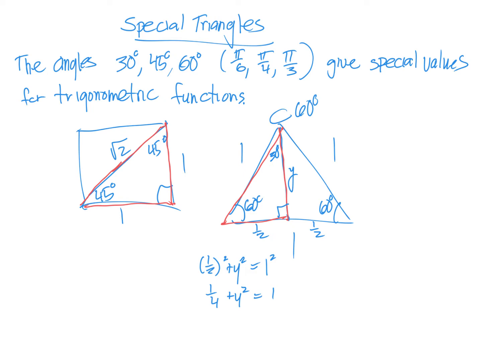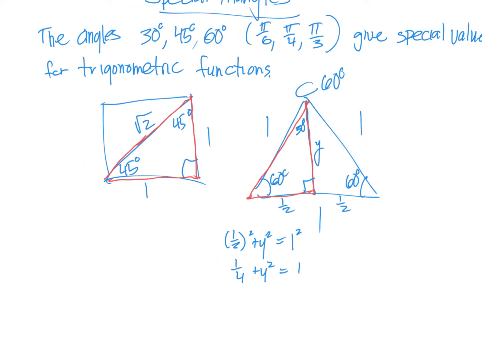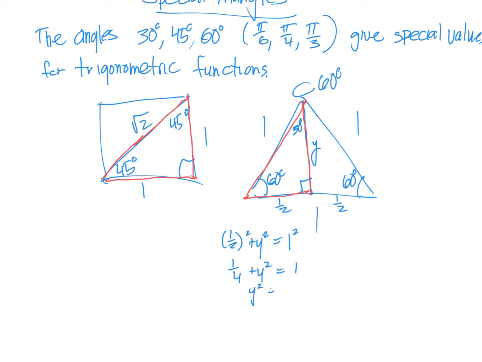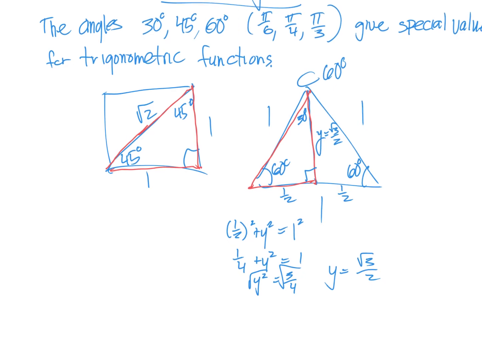And then we'll subtract 1/4. So y squared is 1 minus a fourth, or 3/4, and then when we take the square root, y is the square root of 3 over the square root of 4, and square root of 4 is 2. So this length is root 3 over 2. And so that would give us our right triangle, and then we can use our ratios to get the following.